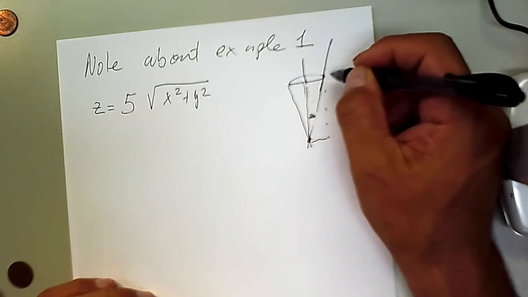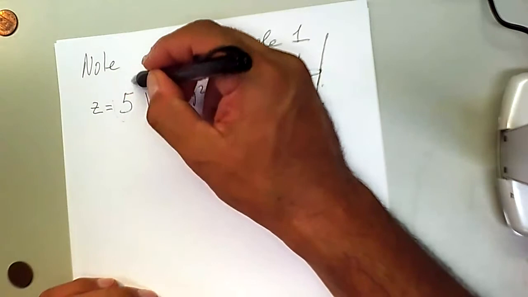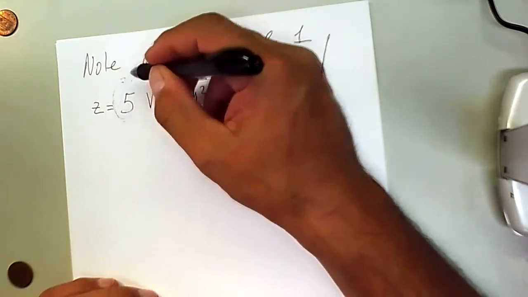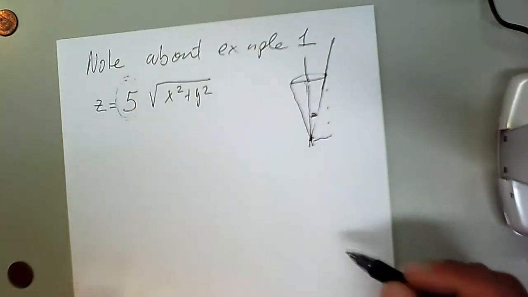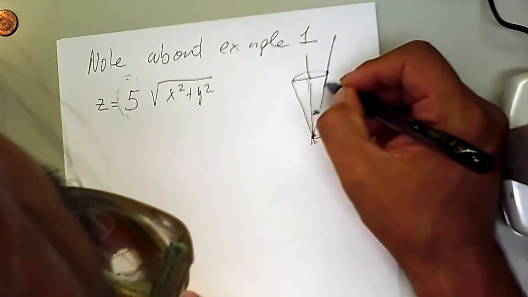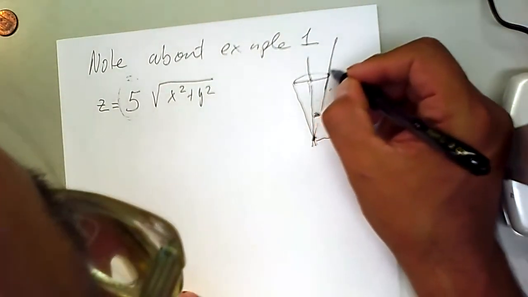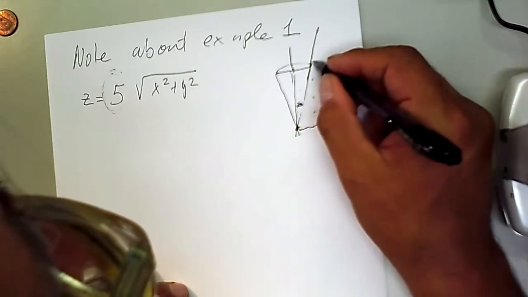Well, the tangent is invariably the slope. What I meant by that is the slope is the same as the tangent. I've got to make sure this is right. So this means that for every unit you go out this way, you go up 5.